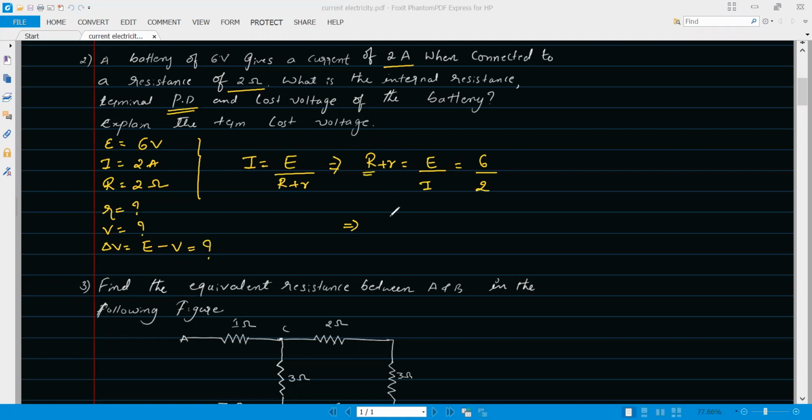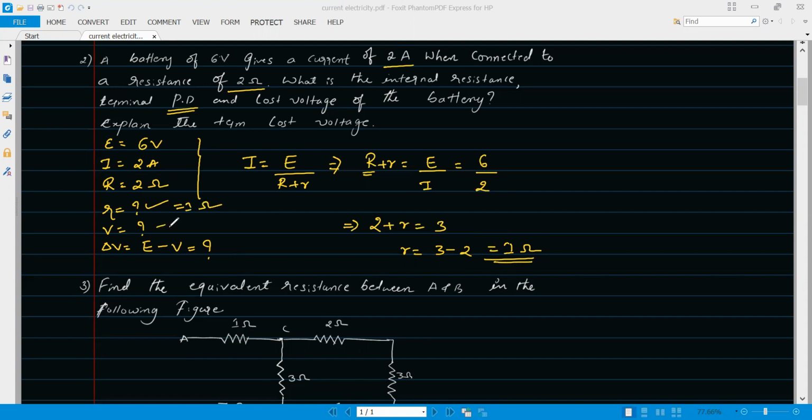R is known, so 2 plus r is equal to 6 by 2, which is 3. So r is equal to 3 minus 2, which is 1 ohm. So we have calculated r, which is equal to 1 ohm.